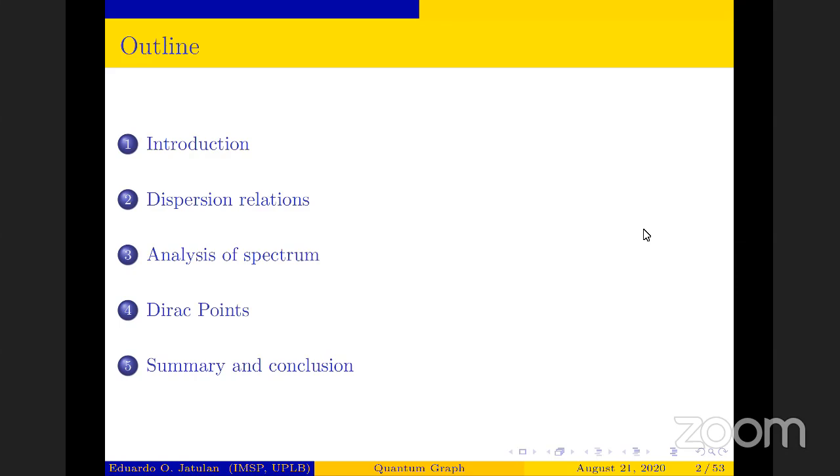We're going to define later what we mean by dispersion relations, and after which we are going to use these dispersion relations to analyze the spectrum of these quantum graphs, together with the occurrence of the Dirac points in its dispersion relations. Then we have some summary and conclusions.